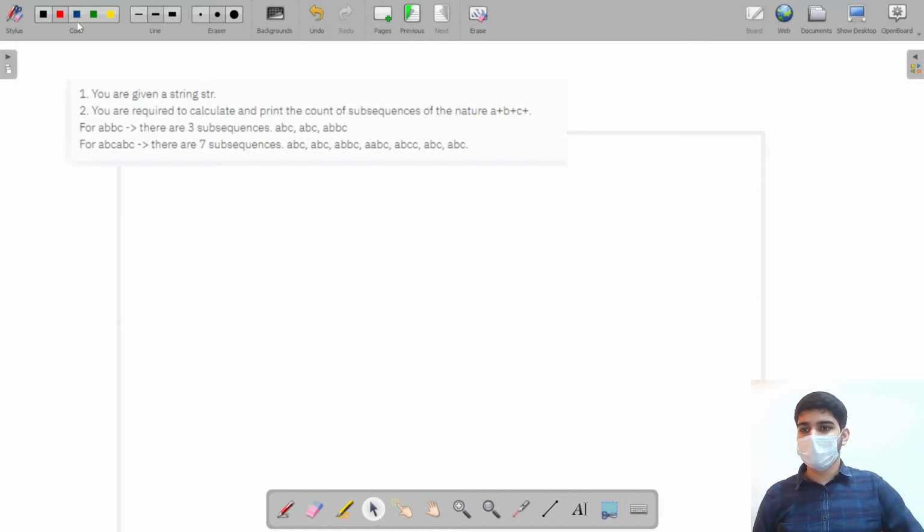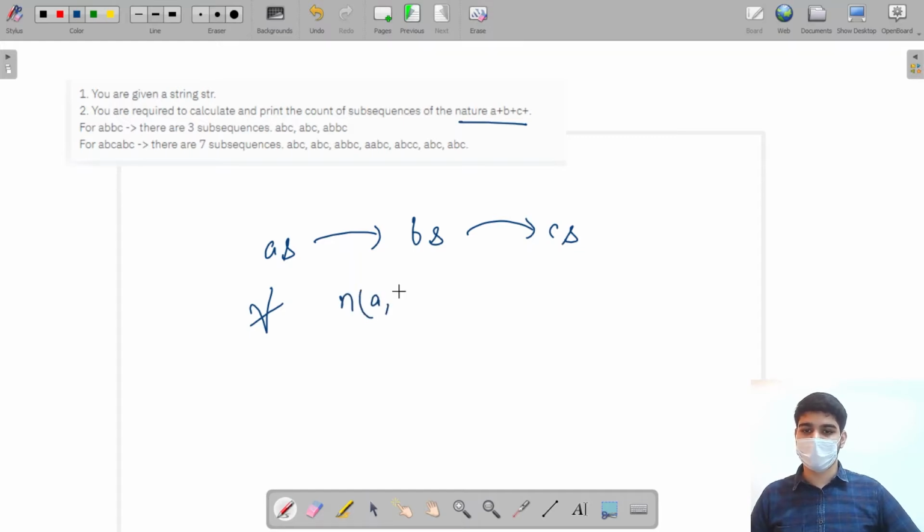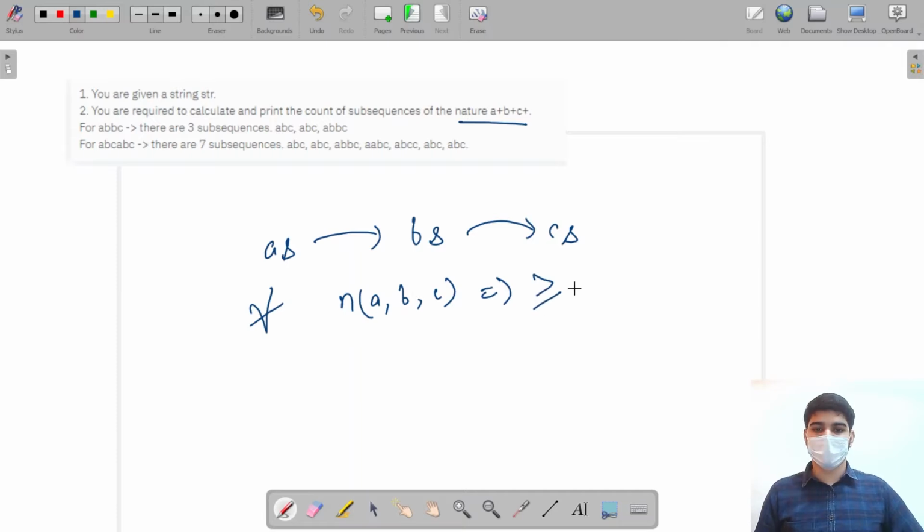So the key word over here is the nature of A+B+C+. What does this mean? This means that every set of A's would be followed by a set of B's, which would be followed by a set of C's, with a constraint that the number of A, B and C in the subsequences is greater than or equal to 1, right?